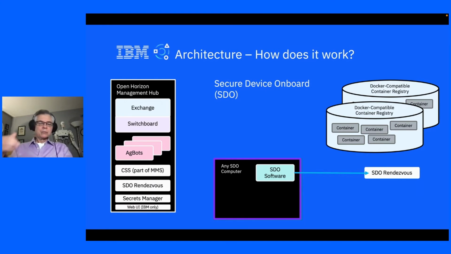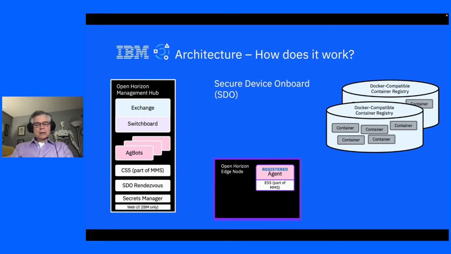So it'll register the machine and install all the software and configure it with whatever policies you want for this machine. And that's all done very securely using hardware device attestation, if it's available, to prove that this machine is exactly the machine that is supposed to receive that software. And at the end of that, you have your agent registered and ready to go on the Edge node, and we'll talk more about how it does other things once it's registered.